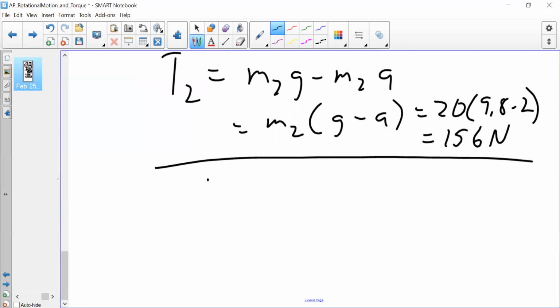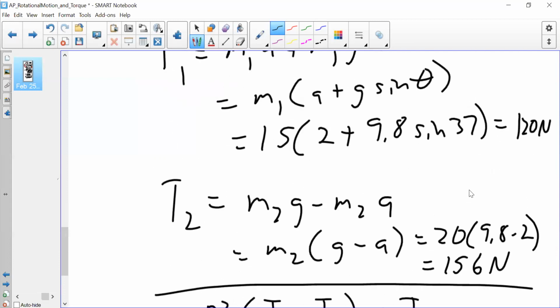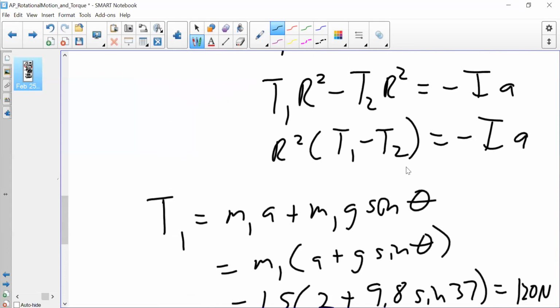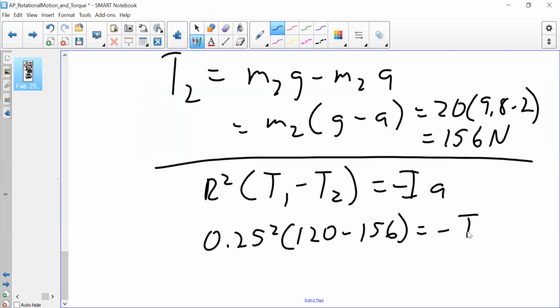So we take our formula, R squared times T1 minus T2 equals negative IA. We've had right here. Then we just divide it. So 0.25 squared times T1 120 minus 156 equals negative I divided by 2.